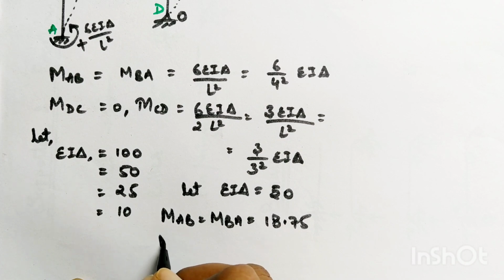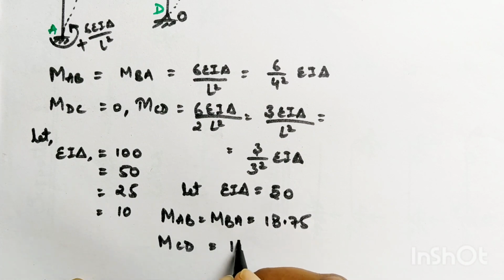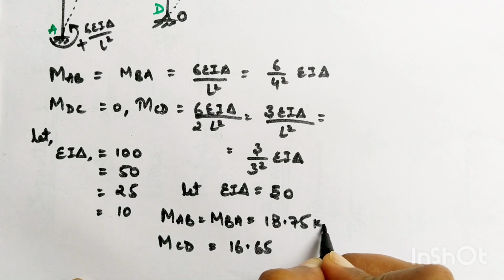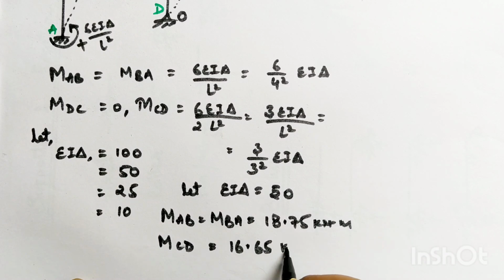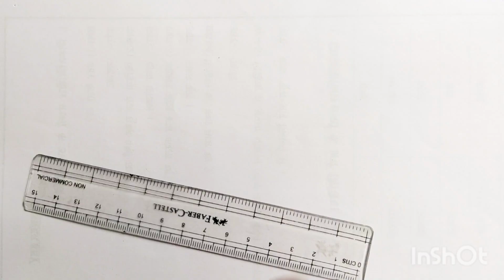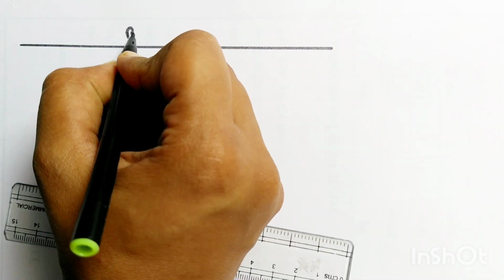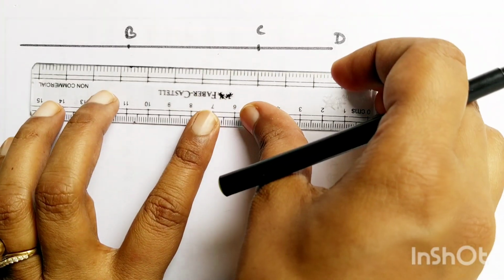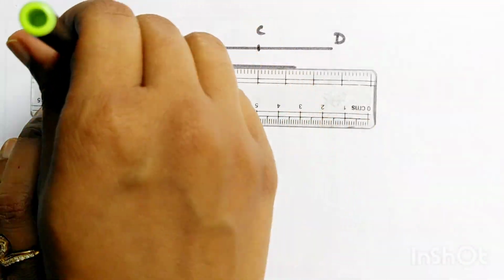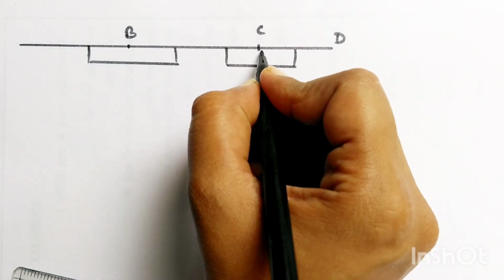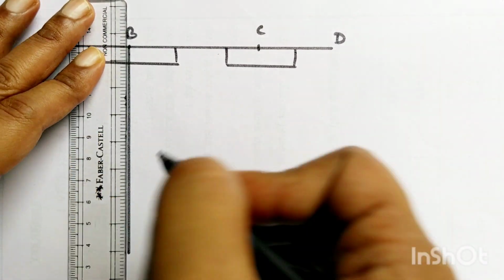So your MAB and MBA are coming out to be positive 18.75. MCD is coming out to be 16.65 kilonewton meters. So now we have to again analyze the full frame using these FEMs. So again I am going to make that table like what we have done before using the same DFs.